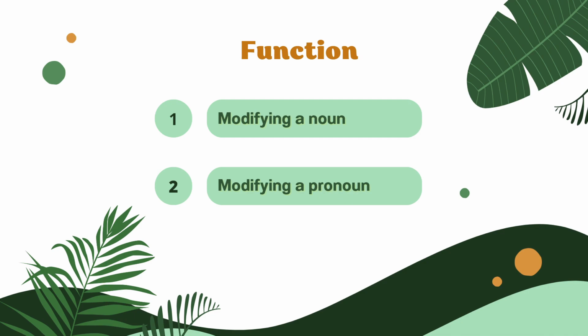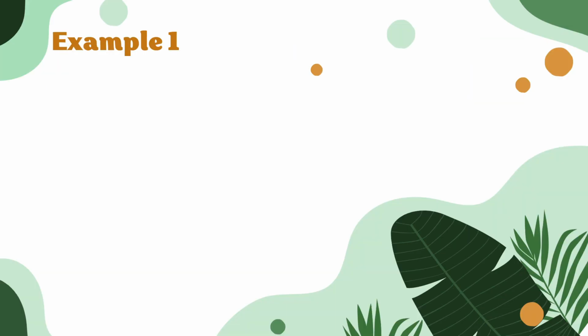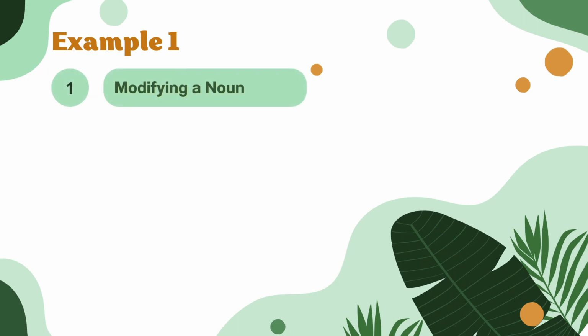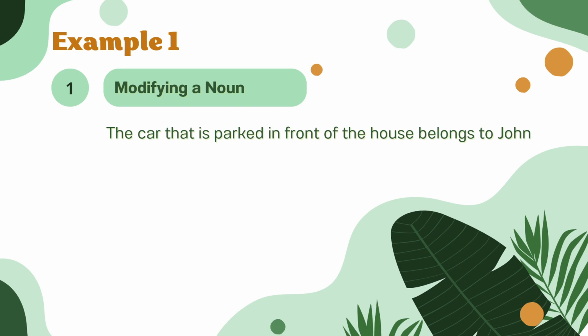To make our explanation clearer, I will give you examples. Example 1. It is adjective clause modifying a noun. We have a sentence. The sentence is "The car that is parked in front of the house belongs to John." Let's analyze this sentence. "The car" is the subject of the sentence.